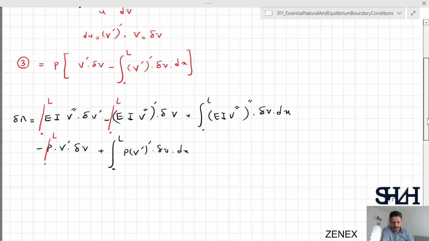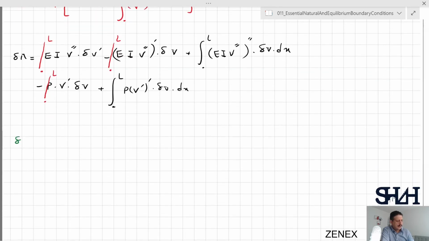And the rest can be calculated based on their integration. So delta pi from here will be, I will just put them in different parentheses to make it easier.